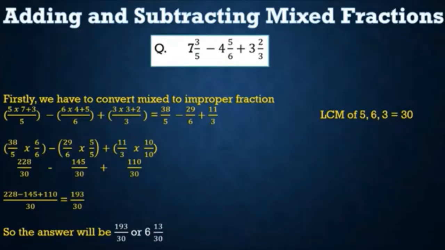So 38 by 5 into 6 by 6 minus 29 by 6 into 5 by 5 plus 11 by 3 into 10 by 10. It will become 228 by 30 minus 145 by 30 plus 110 by 30. It will become 228 minus 145 plus 110 by 30. So that will become 193 by 30. So the answer of this question will be 193 by 30 or 6 13 by 30.